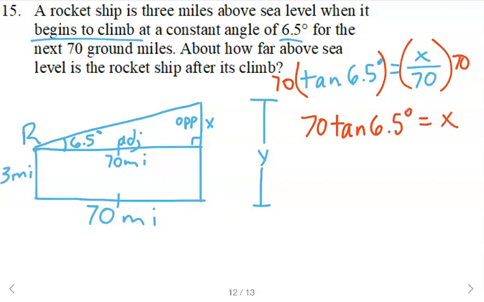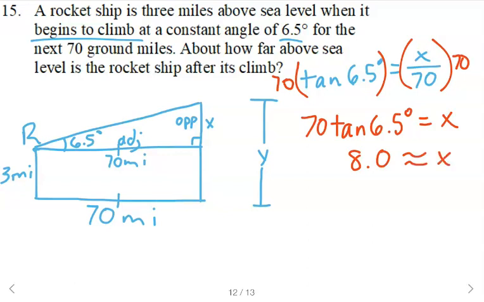And so we can go to our calculator, get that decimal approximation. 70 times the tangent of 6.5 degrees is equal to about, I'll round it to the nearest tenth, about 7.97. So it rounds up to 8.0.